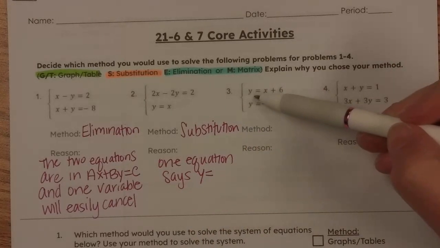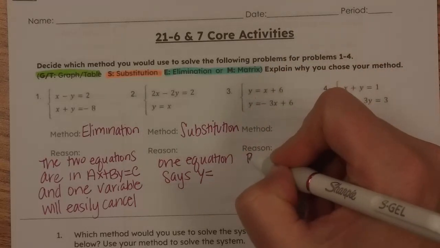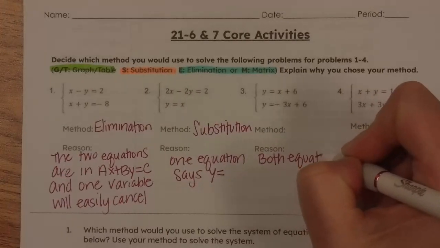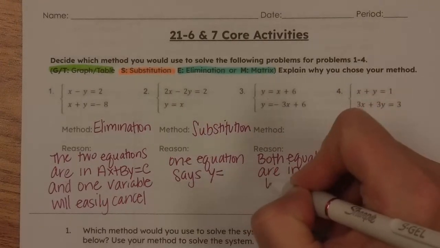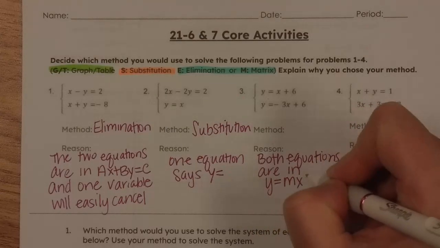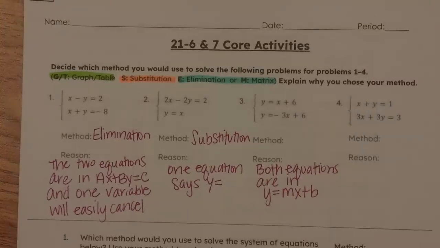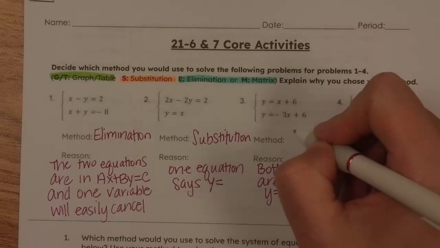In number 3, both equations are in the form of y equals mx plus b. So we're going to say both equations are in y equals mx plus b form. And so because of that, it's easy to push that y equals button on your calculator, or to graph them, or to make a table. So this would be graphs and tables.